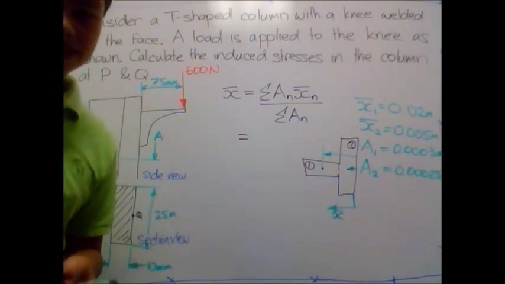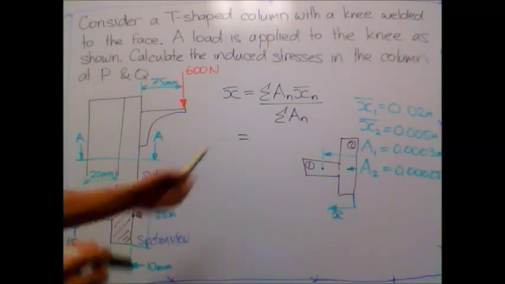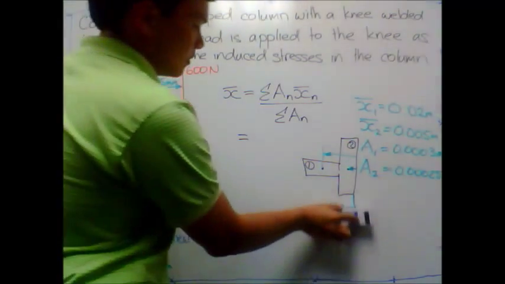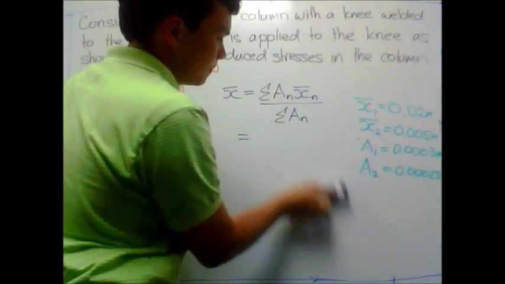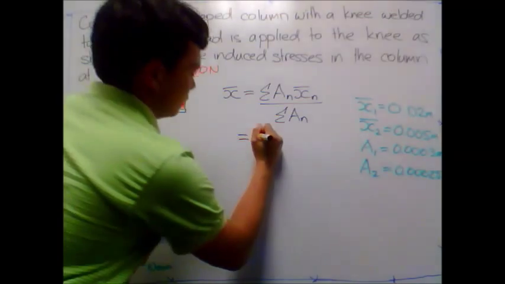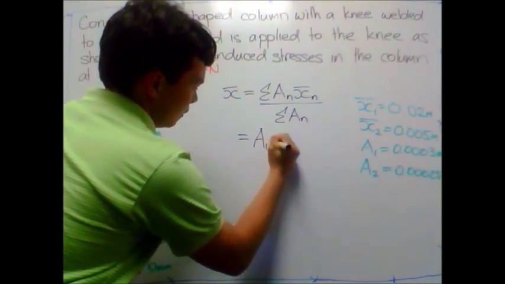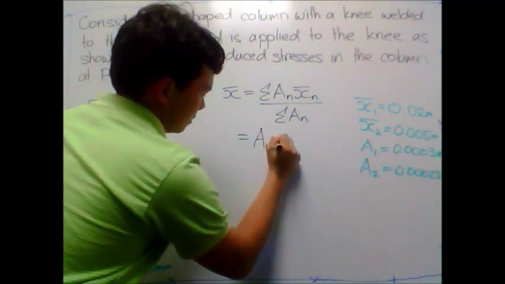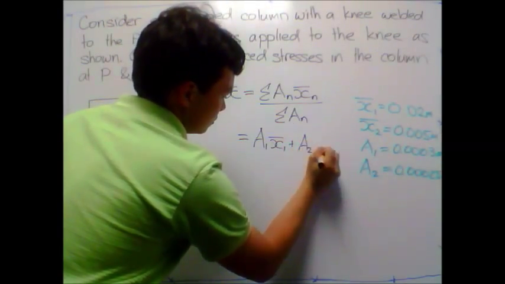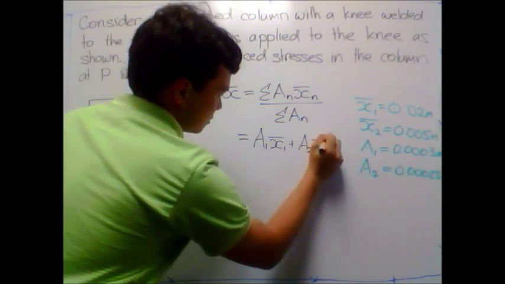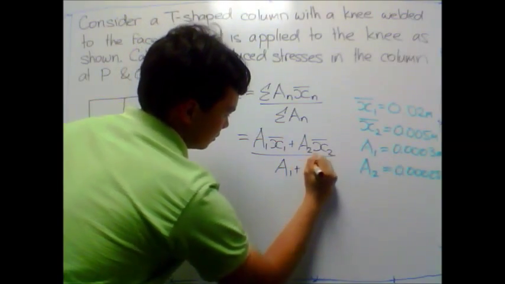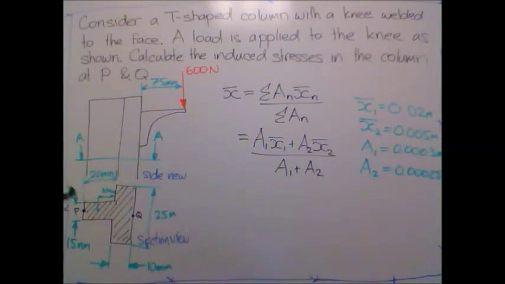Now I can just substitute these values into the equation. This equation expands into area 1 times x bar 1 plus area 2 times x bar 2, divided by the sum of my areas, area 1 plus area 2.